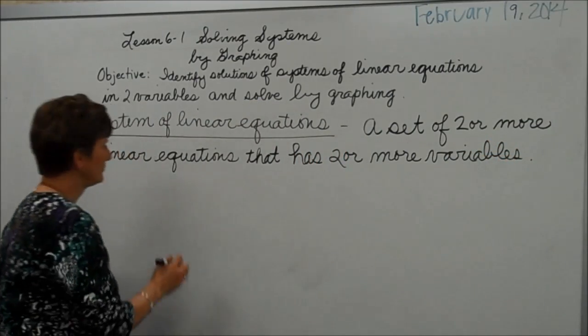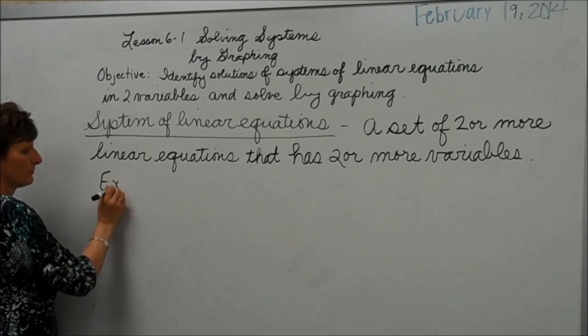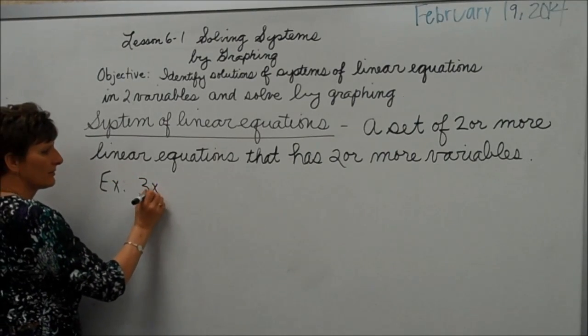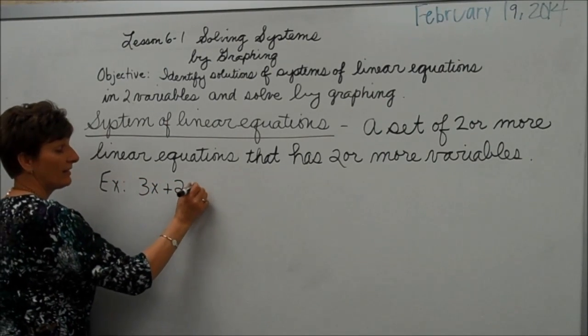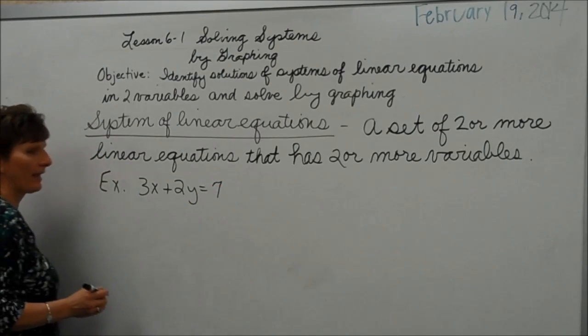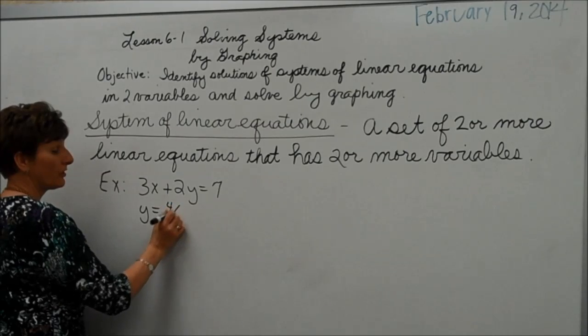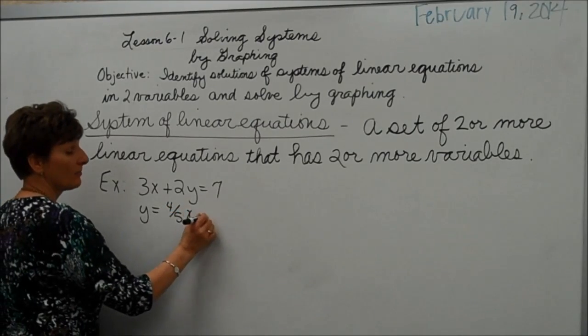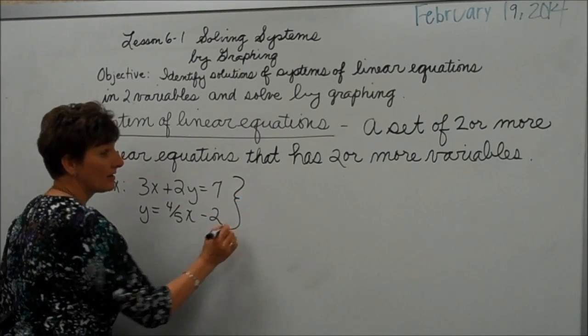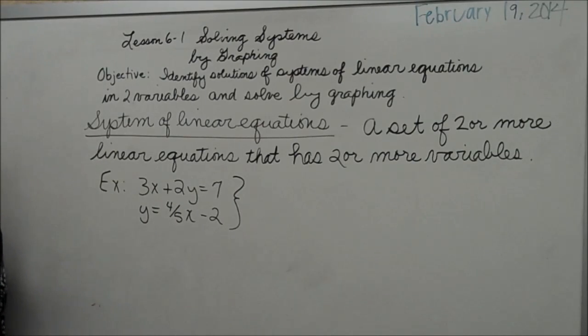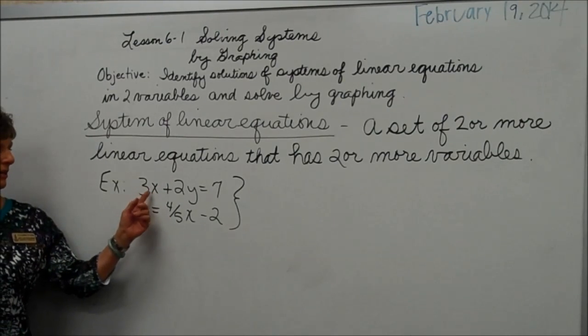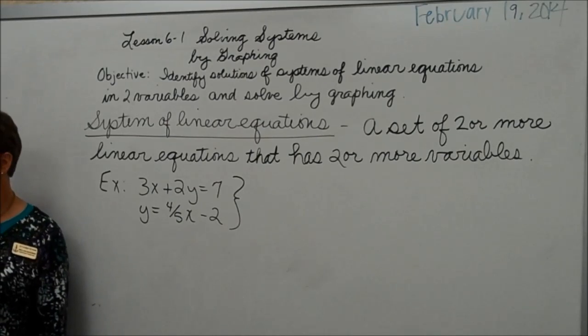For example, 3x plus 2y equals 7, and y equals 4/5 x minus 2. This is a system of equations because there are two equations with two variables.